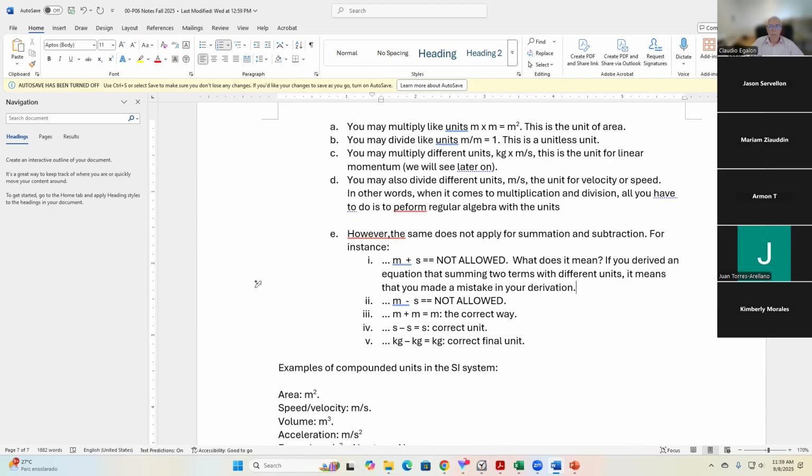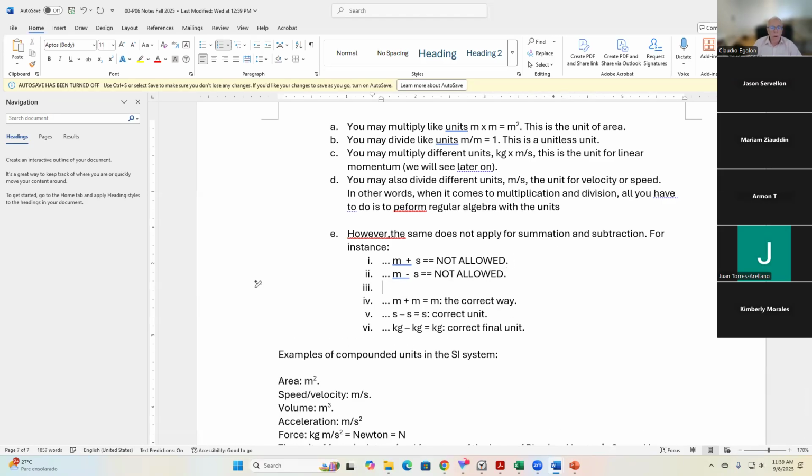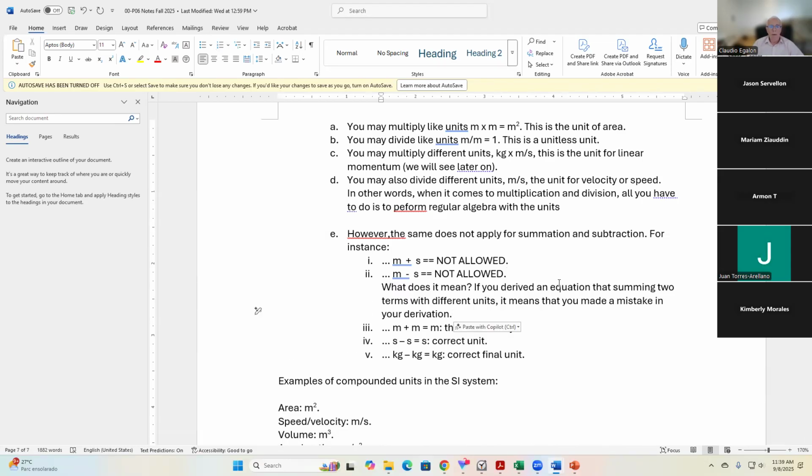Okay? I'm going to put that after the other one as well. So here you go. What does the above mean? Well, if you derive an equation that ends up summing two terms with different units, it means that you made a mistake in your derivation.